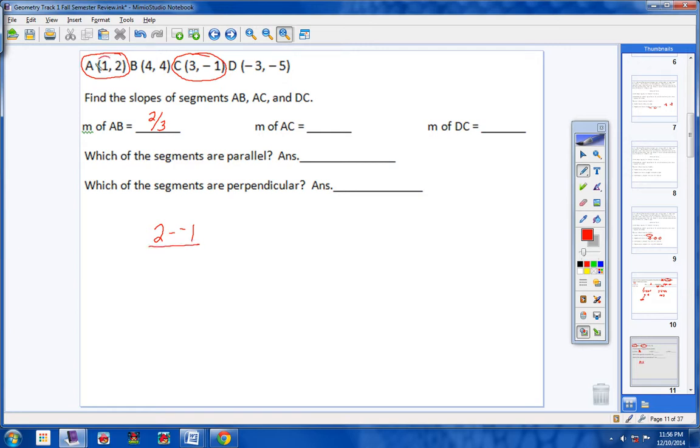X minus x, 1 minus 3. 2 minus -1 is 2 plus 1, which is 3. 1 minus 3 is -2. A positive over a negative is negative, so -3/2.